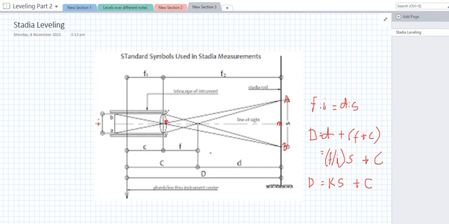Usually it is given by the manufacturer of the instrument, with its own constant value. So the ratio F over I is called the Stadia interval factor and designated by the letter K.